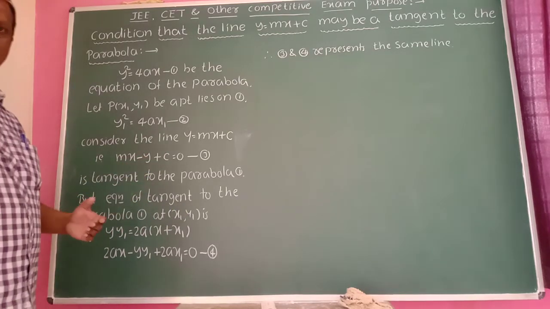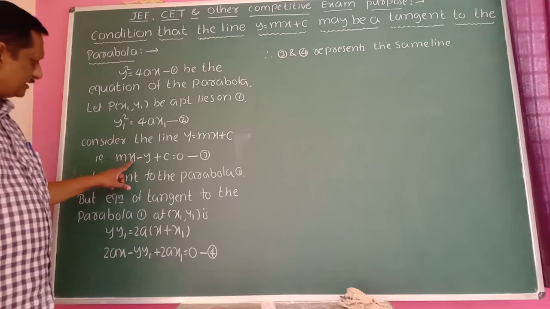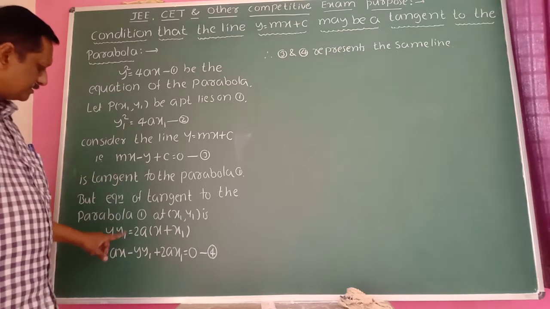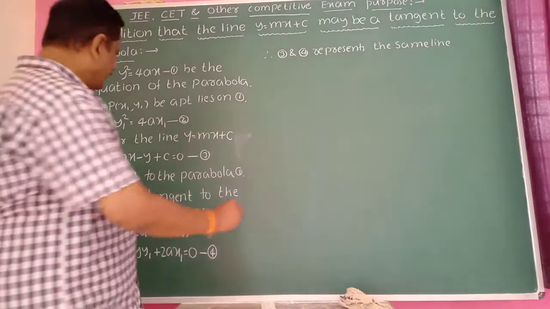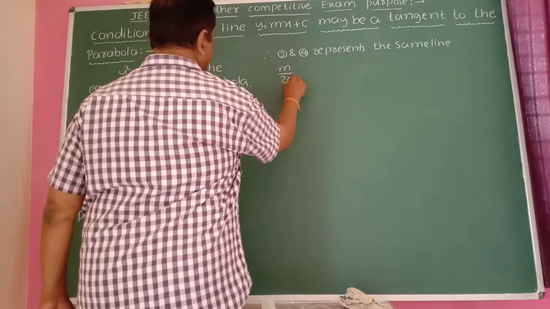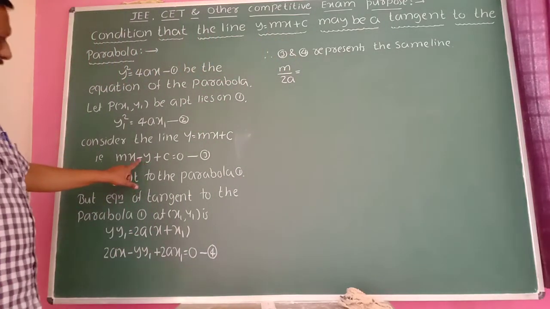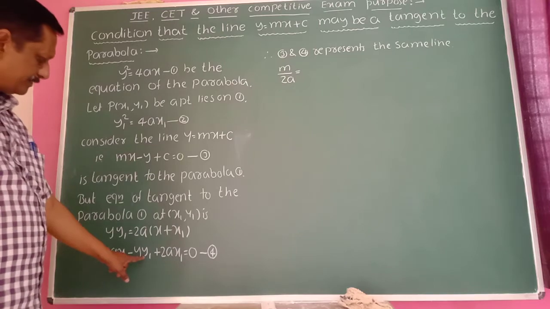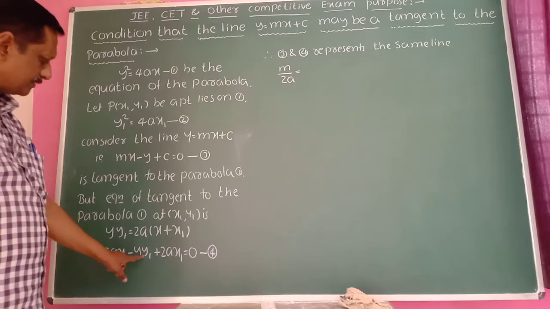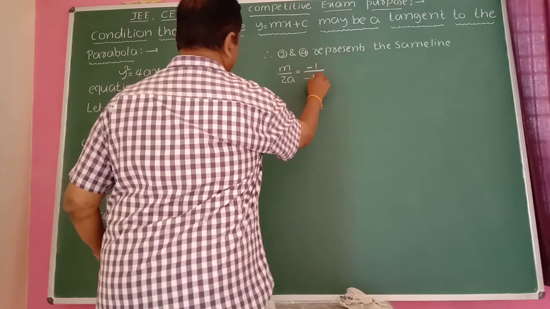In that case their coefficients are proportional. Here the x coefficient is m, here the x coefficient is 2a. Therefore m upon 2a, m divided by 2a is equal to, here the y coefficient is minus 1, here the y coefficient is minus of y1. So minus 1 divided by minus y1.